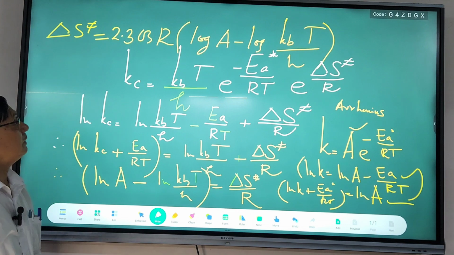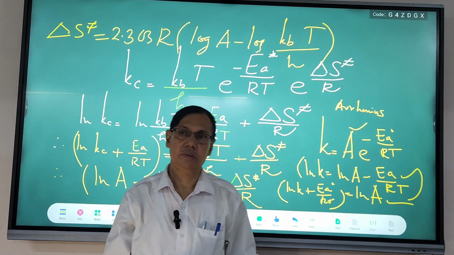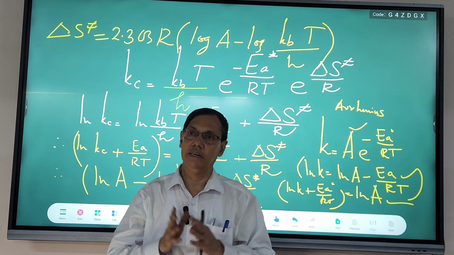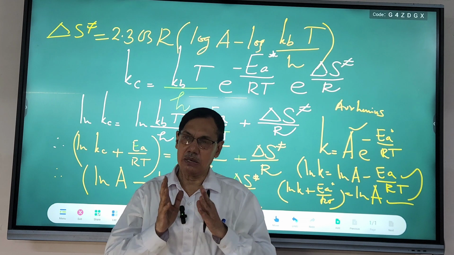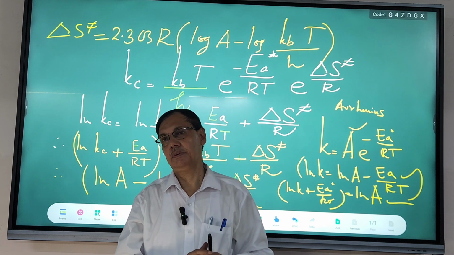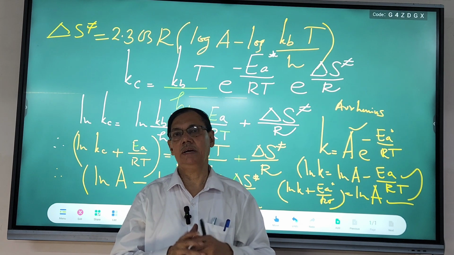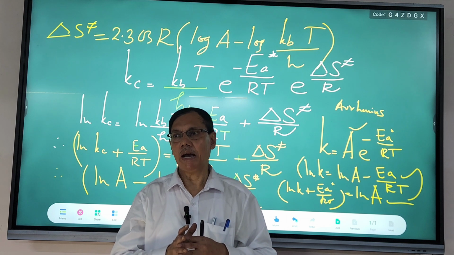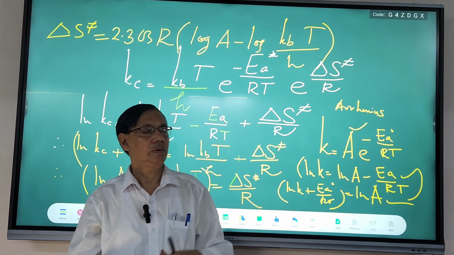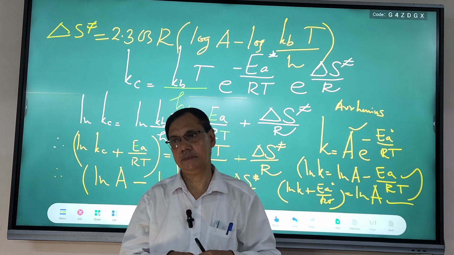So let me summarize today what I have discussed with you, the application of transition state theory or absolute reaction rate theory. The first application is that with the help of the Eyring plot, one can determine the most important parameter, that is called the entropy of activation. As I told you, in our research laboratory we have performed a large number of simple hydrolysis reactions.